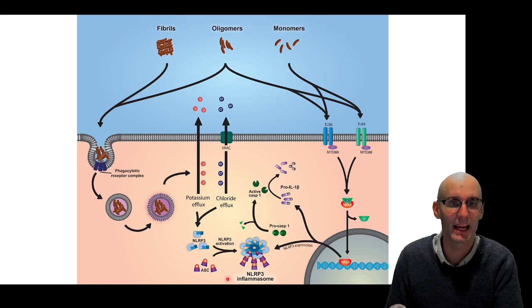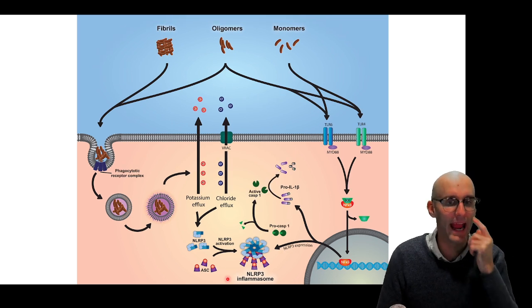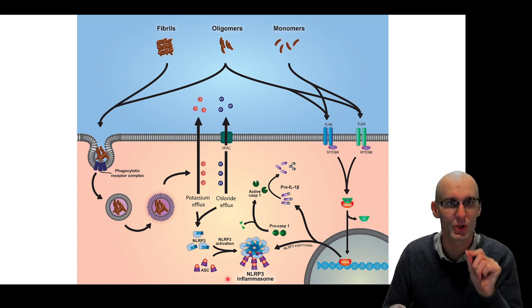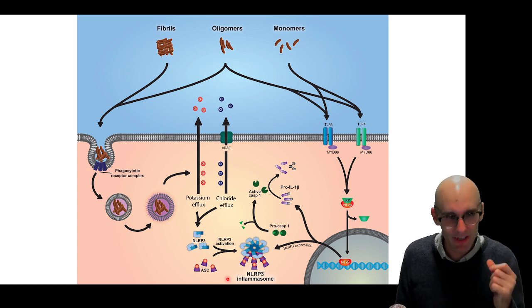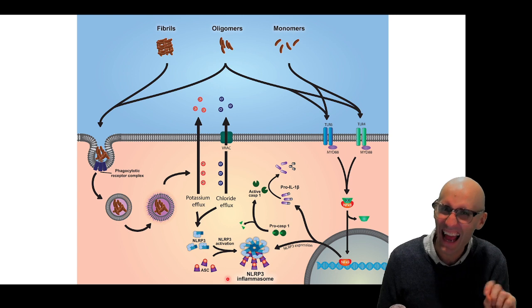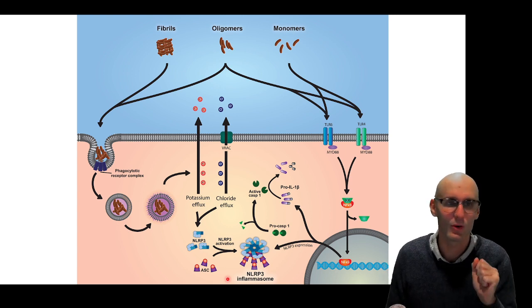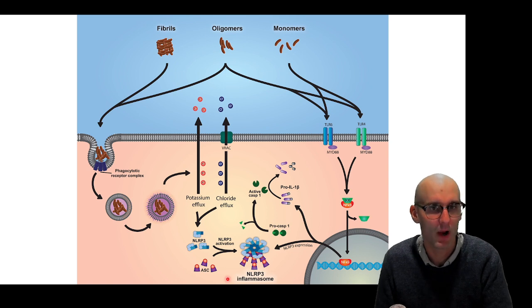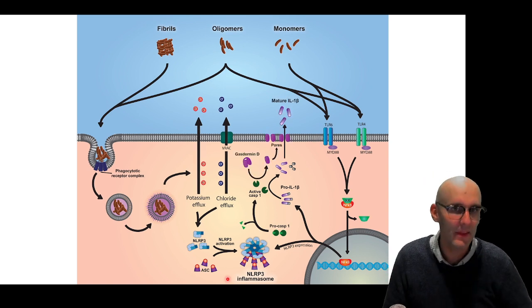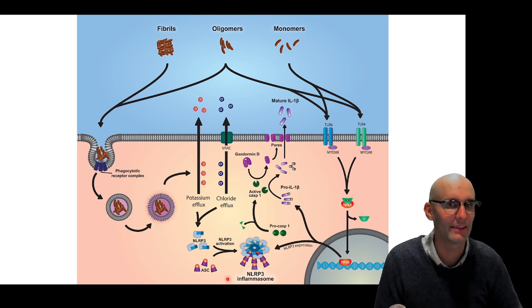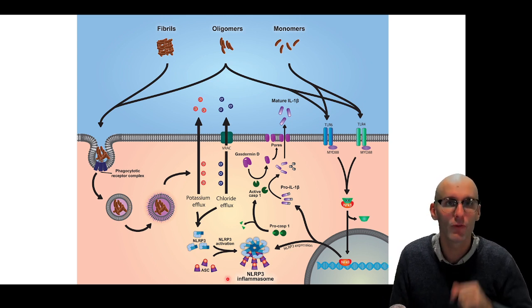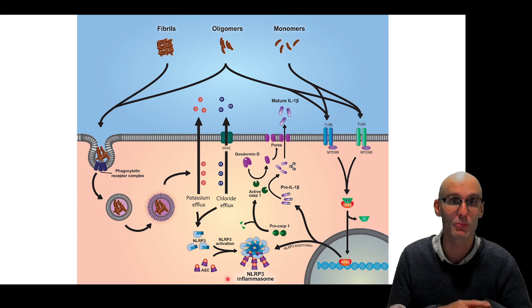Once we get NLRP3 activation, we get the caspase-1 activating. And the caspase-1 cleaves pro-interleukin-1 beta into mature interleukin-1 beta. However, the mature interleukin-1 beta still can't really get out of the cell all by itself. It needs something else to happen. So what happens is active caspase-1 goes on and it activates another molecule. Now this molecule is called gasdermin D. Now gasdermin D, once activated, can form a pore in the membrane.